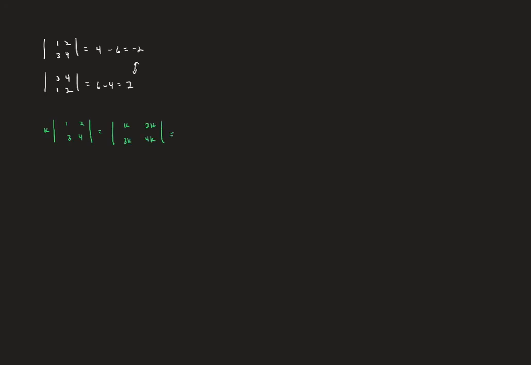So now when we evaluate that, k times 4k is going to be 4k squared minus the 6k squared is going to be a negative 2k squared. Notice how that compares to the original before we multiplied by k. So what we see is that multiplying by a constant changes the determinant by that constant squared. Okay, kind of interesting. Okay, I think that's going to be enough for 12.7.